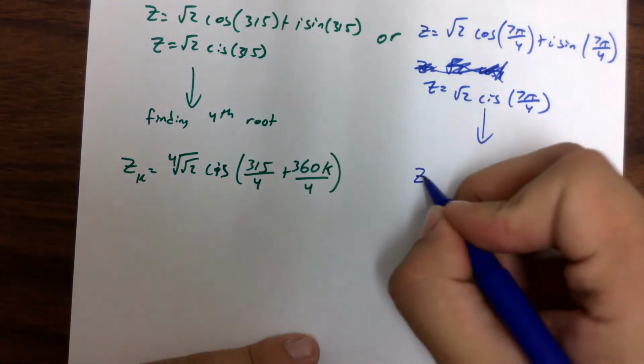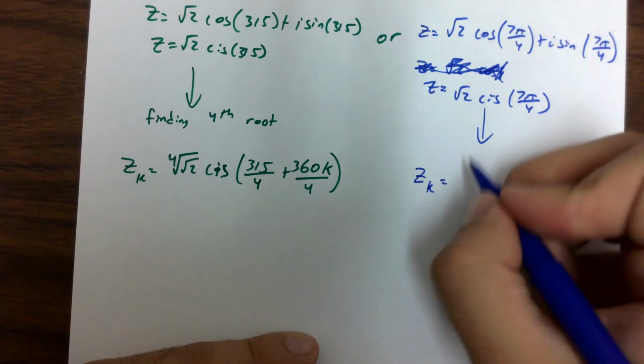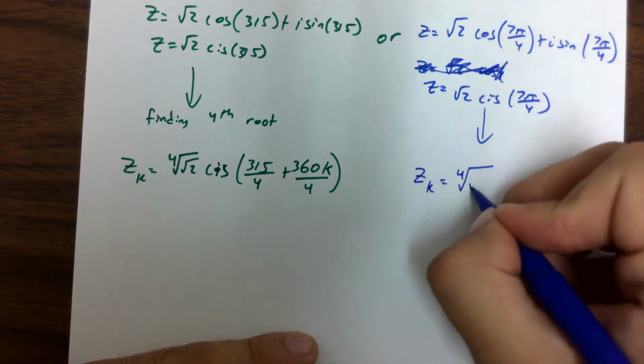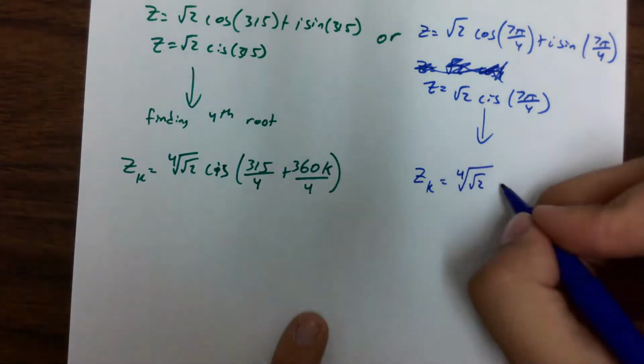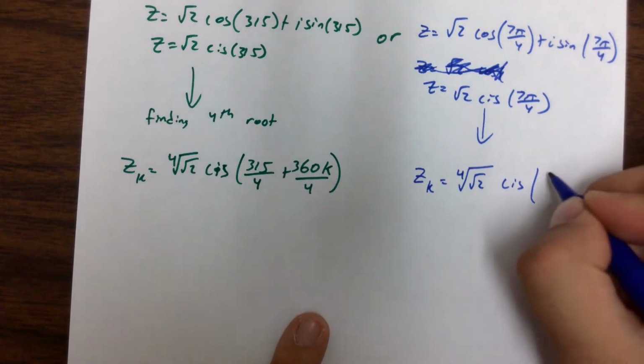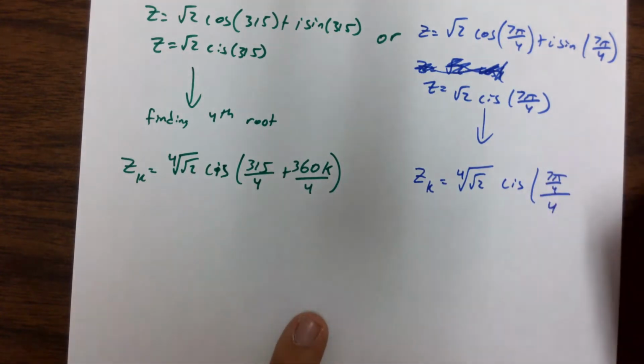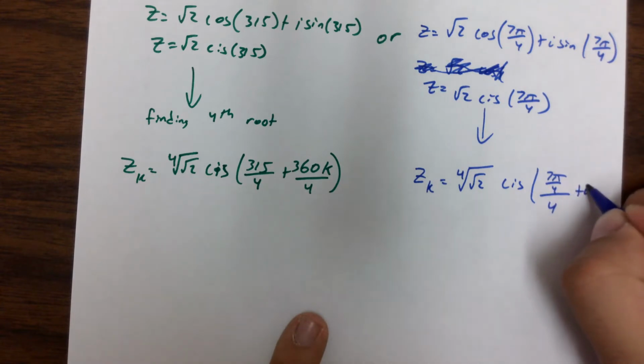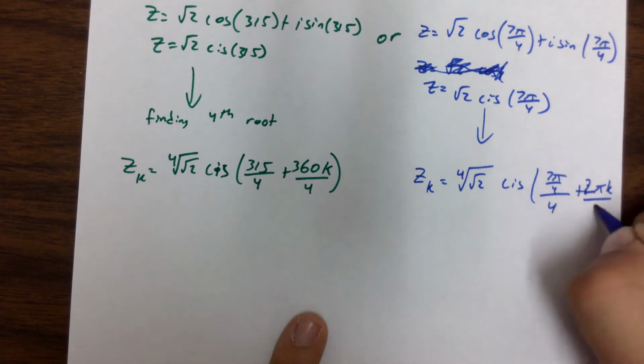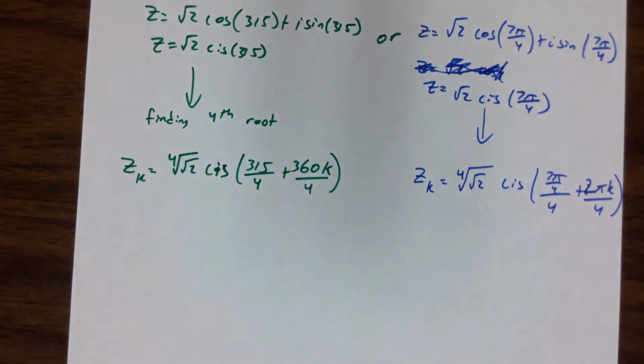So z_k equals the fourth root of root 2 cis of 7 pi over 4 all over 4, plus 2 pi k over 4. Okay. So although this looks a little bit messier at first, we can actually simplify some things, and we'll do that off to the side.